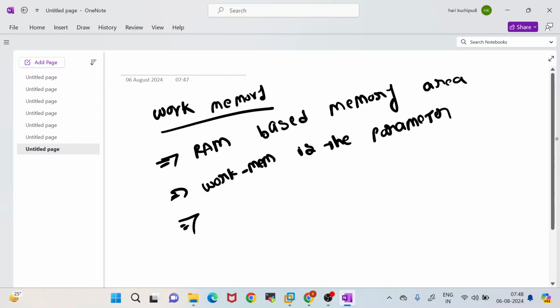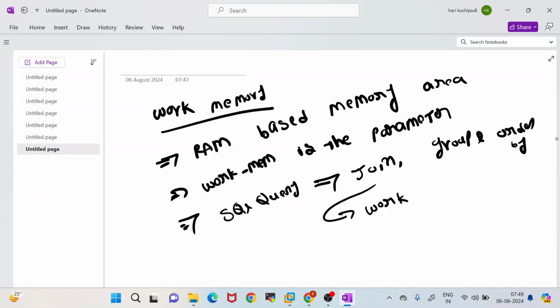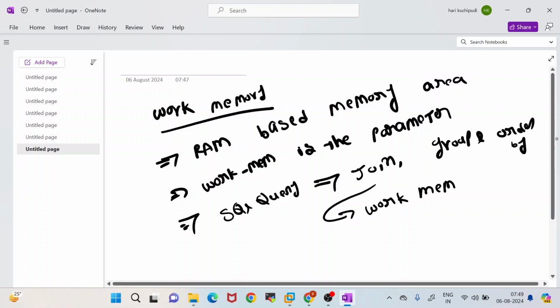Let's say you connected to a database and you have executed a SQL query which contains join, group by, or order by operations. These operations are going to happen in which memory area? Whenever you execute a query that contains join or group by or order by operations, those operations are going to get performed in work memory.